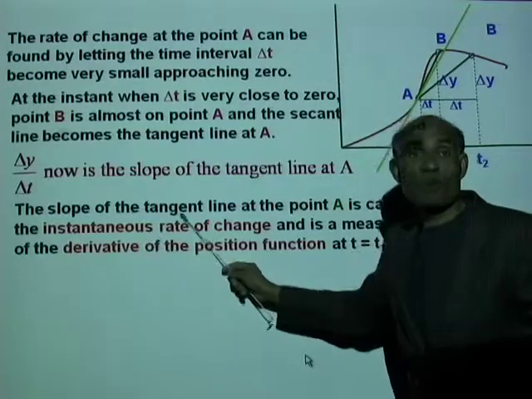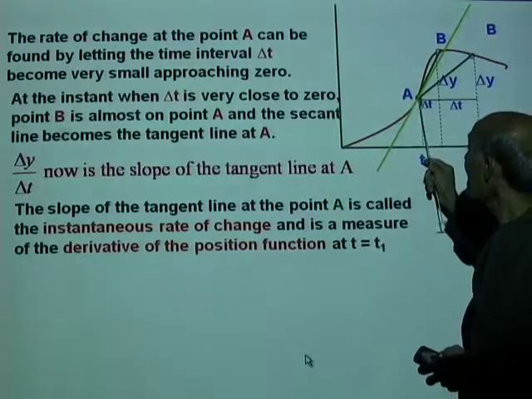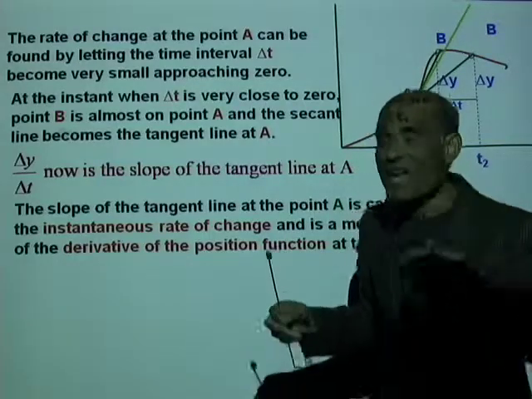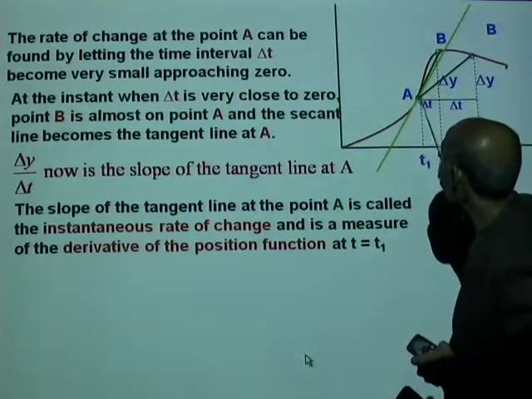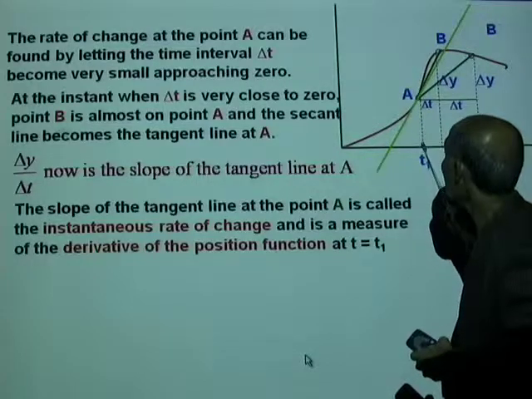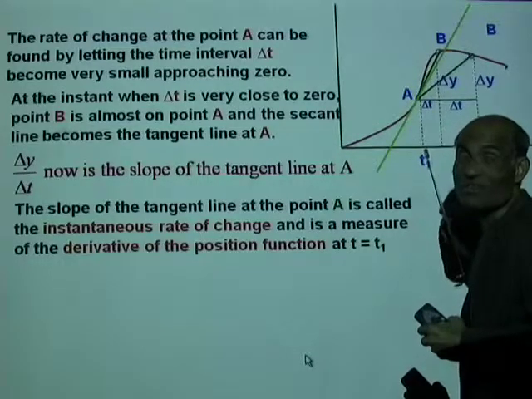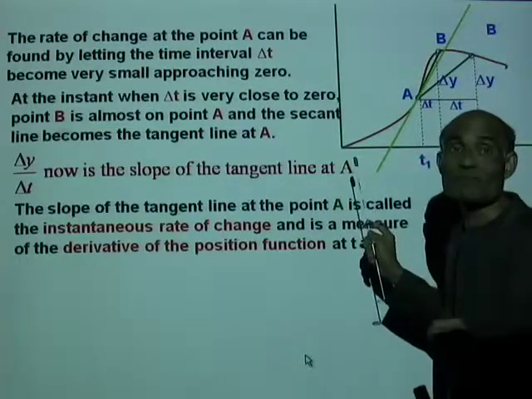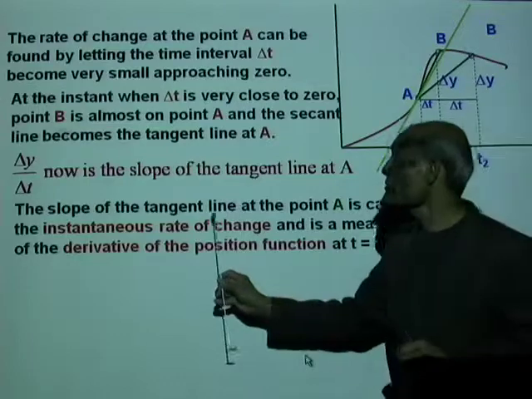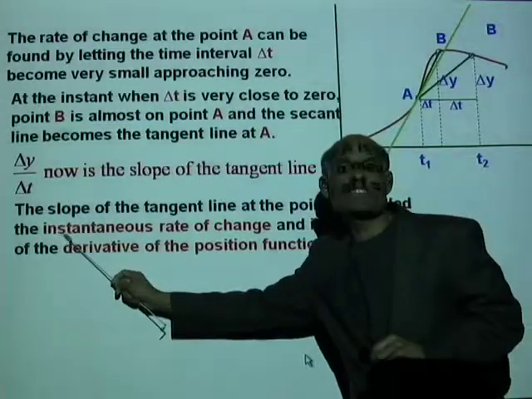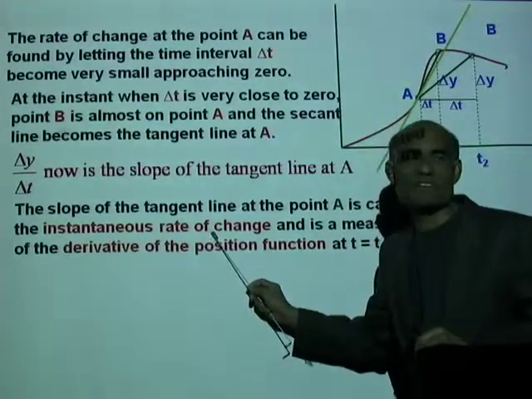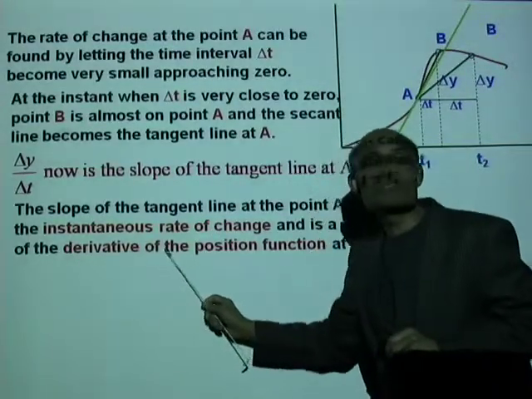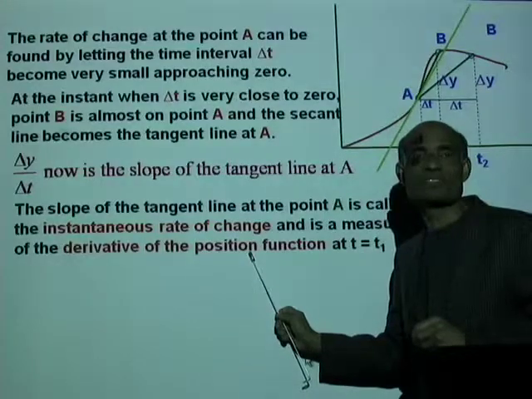So the slope of the tangent line at A represents the rate of change at A. That means the rate of change at A is the rate of change at the instant when the object is at A, or at the instant t1. So the slope of the tangent line is called the instantaneous rate of change, and this is a measure of the derivative of the position function.